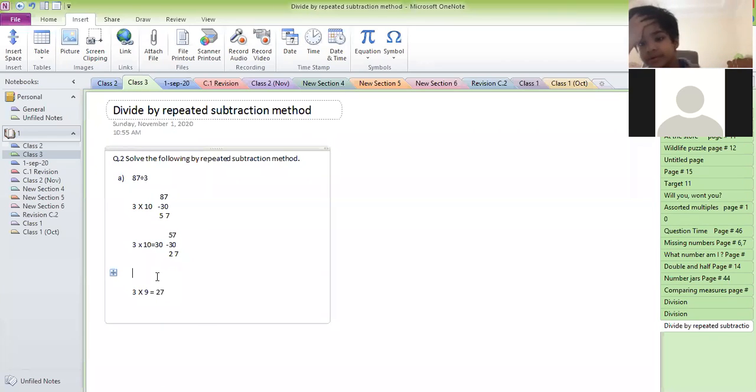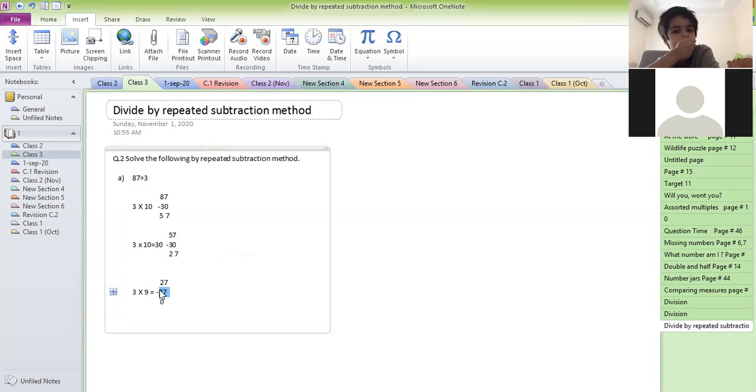When you minus 27 from 27, the answer will be 0. 27 minus 27 equals 0.